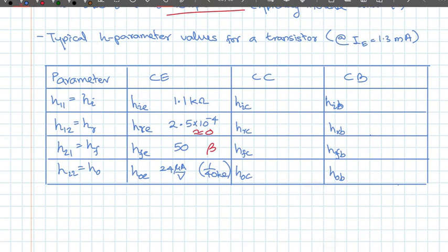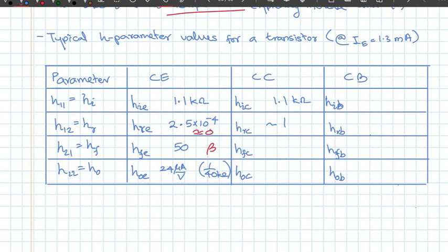Similarly, for common collector, the input impedance is similar, 1.1 kilo ohms. HRC is about 1, not very small like the previous case. So in common collector, we cannot ignore the HRC term.